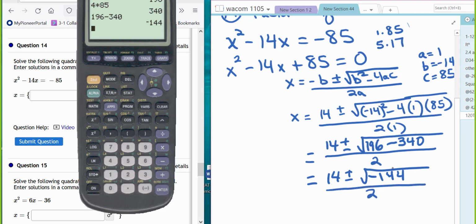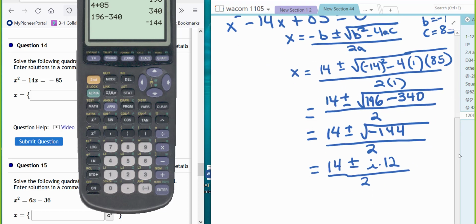Right? 144 is a perfect square. It's 12 squared. But the negative is an i, square root of negative 1. So you're going to take that out, and this will be 12. And normally we would write 12i, but the i would go right against the radical, if it still had the radical.